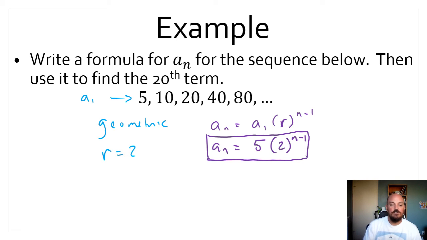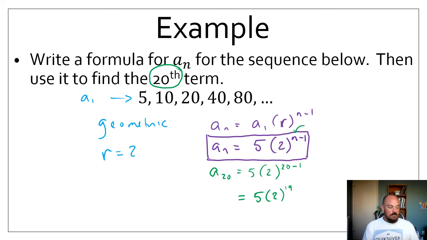Now, the second thing I asked you to do was to use it. I said, now I want you to find the 20th term. The 20th term is a_20. What that means is you're going to plug in 20 for n right here. So you get 5 times 2 to the 20 minus 1, or basically 5 times 2 to the 19th power.